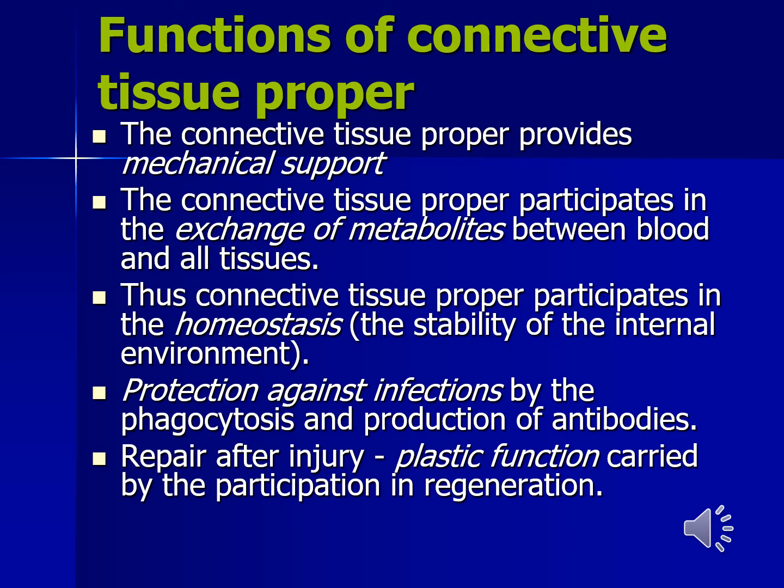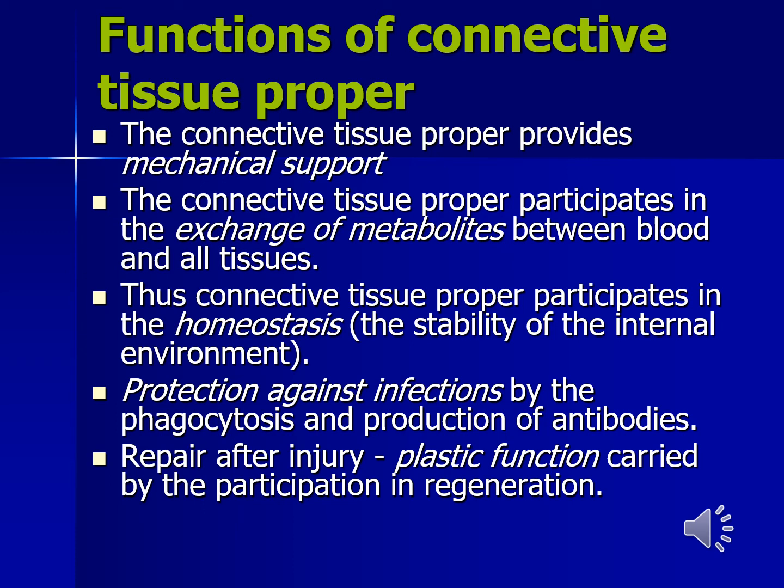This slide represents the functions of connective tissue proper, and all functions are very important and include more special characteristics of the combination or location of cells. For example, we have mechanical support. Why? Because there are more collagen fibers. Connective tissue proper provides exchange of metabolites between blood and all tissues, because loose connective tissue always covers blood vessels.